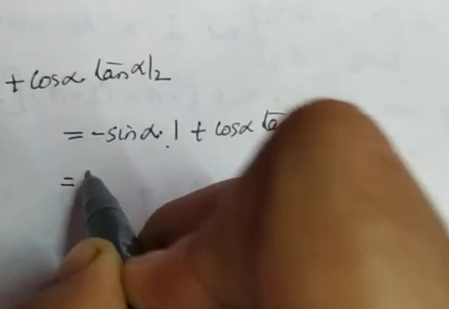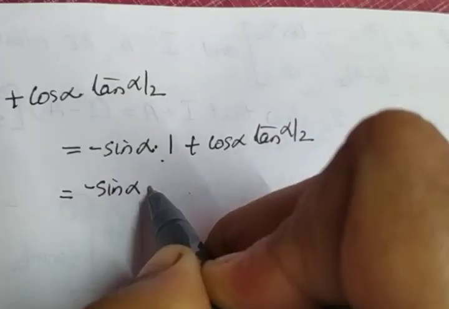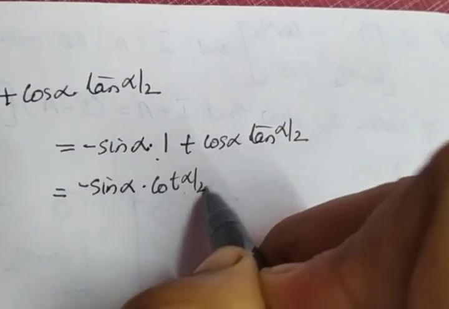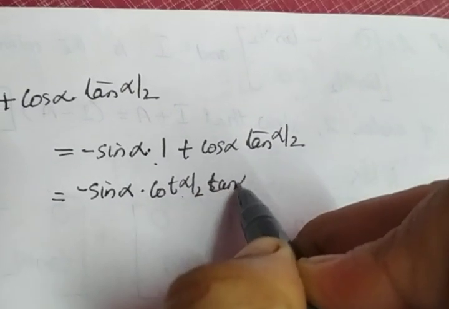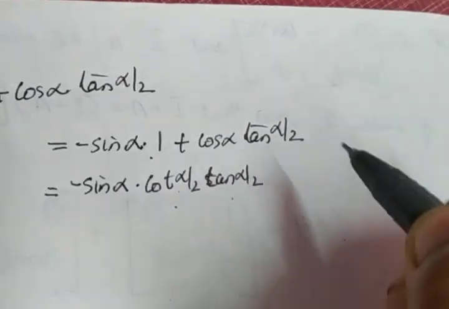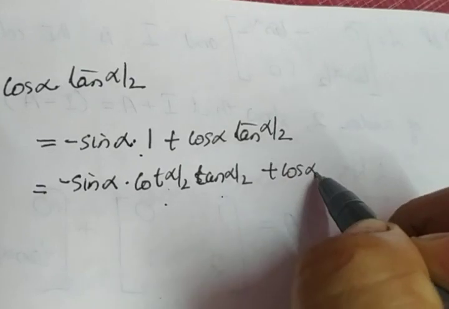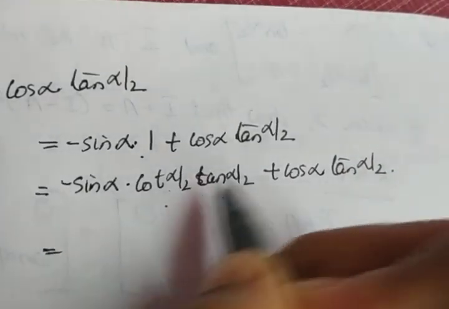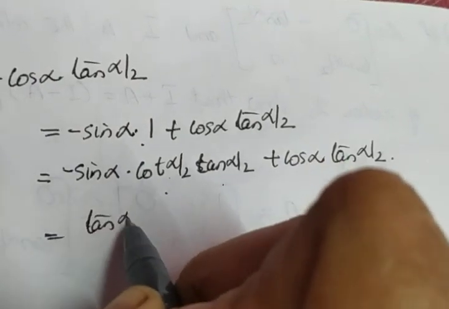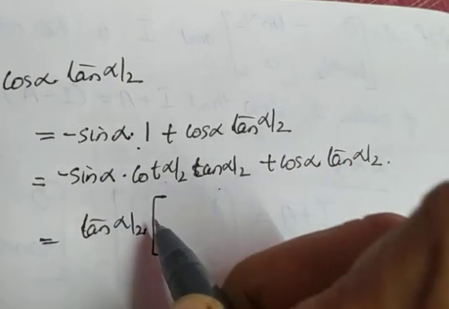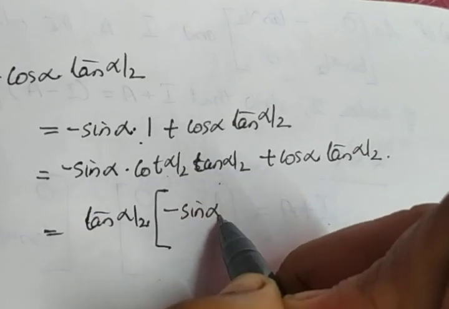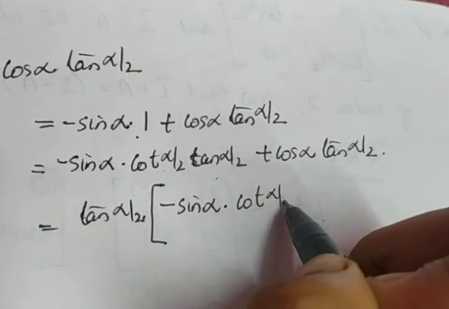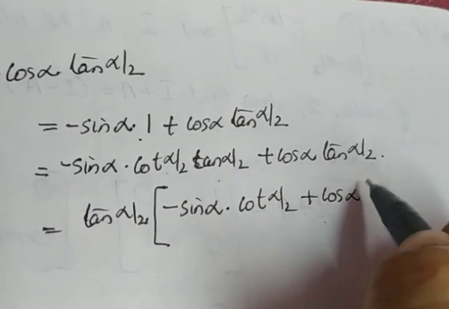And instead of 1, I can write cot alpha by 2 into tan alpha by 2. Why? Because tan and cot are reciprocals of each other, plus cos alpha into tan alpha by 2, isn't it? Again, what is common for these two terms? The common term is tan alpha by 2. Take it common. What is the balance? Minus sin alpha into cot alpha by 2 plus cos alpha.